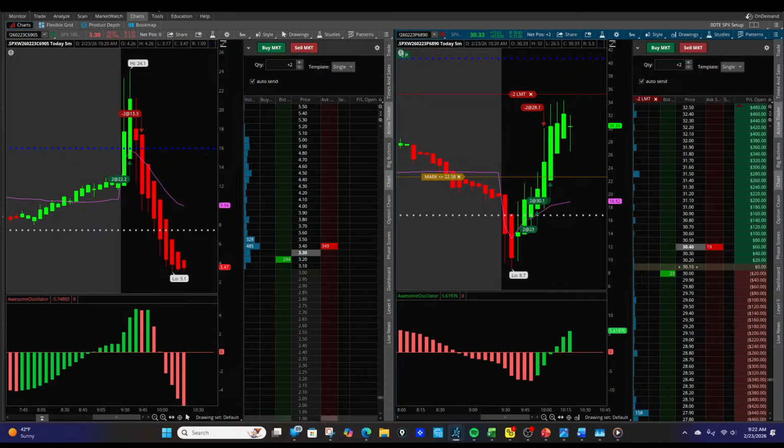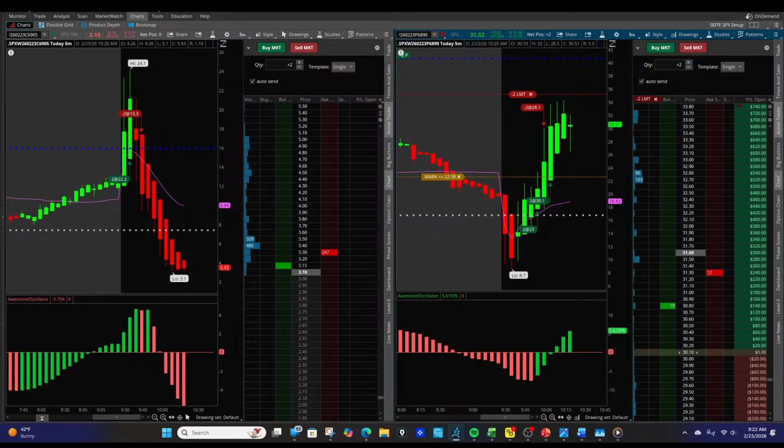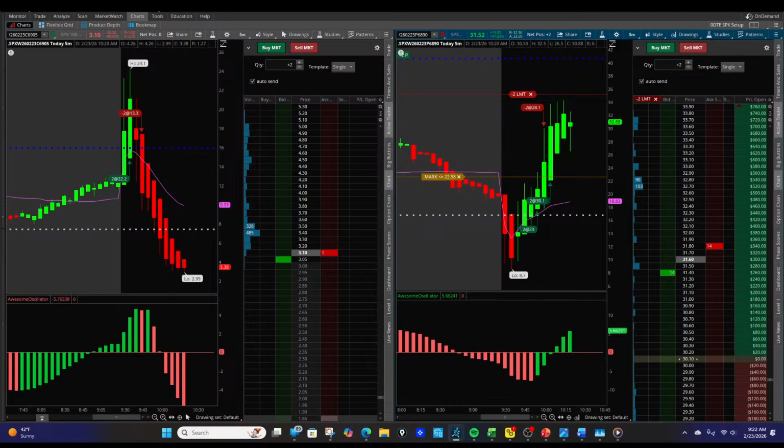I don't like that green doji though. That's, I don't know, I don't like that. Hmm.